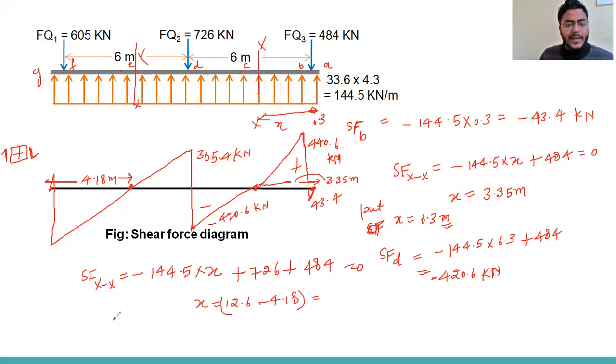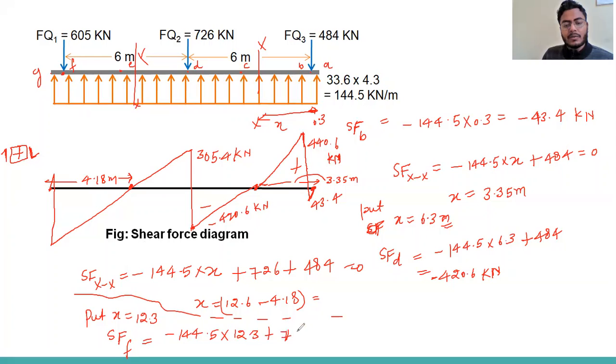Okay, so now put x equal to 12.3. So we'll reach here. We can calculate shear force at F: minus 144.5 into 12.3 plus 726 plus 484.